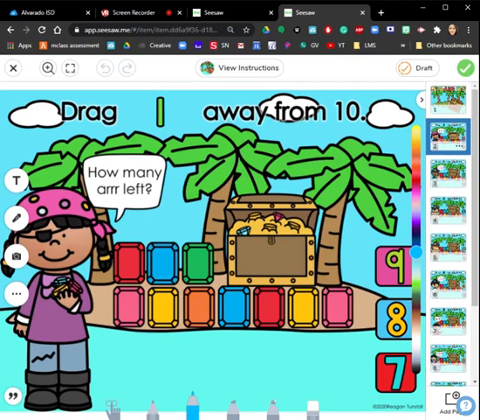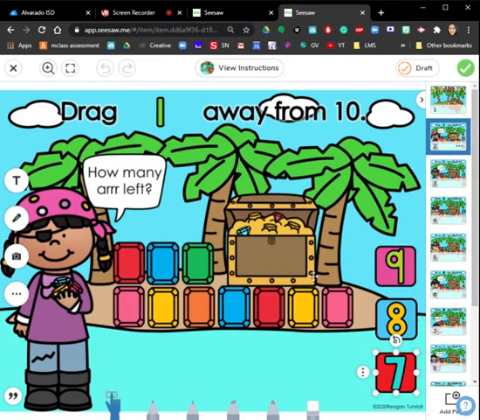So we're going to subtract again. Our subtraction involves taking or dragging away from the number 10. So it's kind of like with our 10 frames, we're still using the number 10. And then we're going to pick one of the numbers on the right if that is the appropriate number.